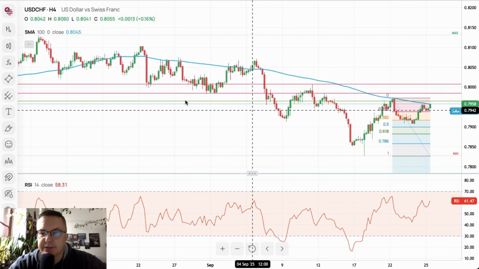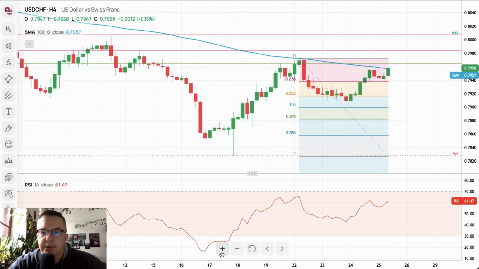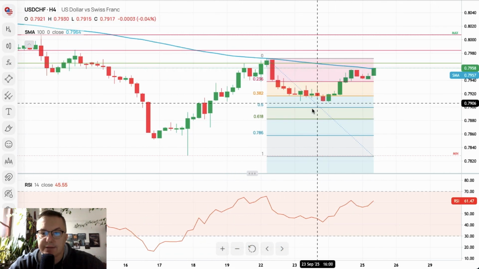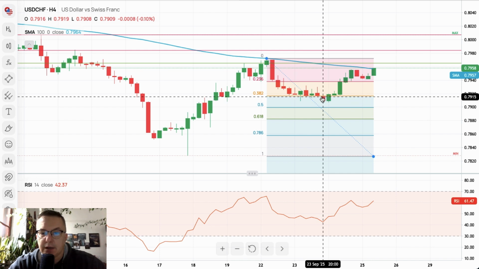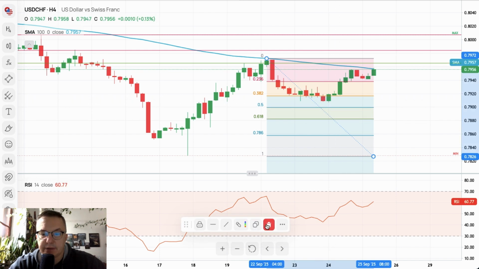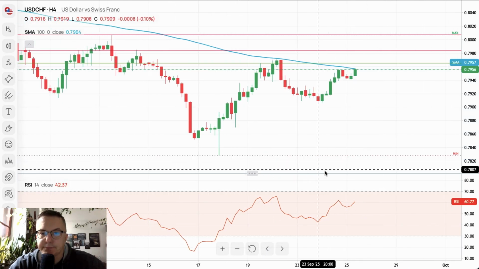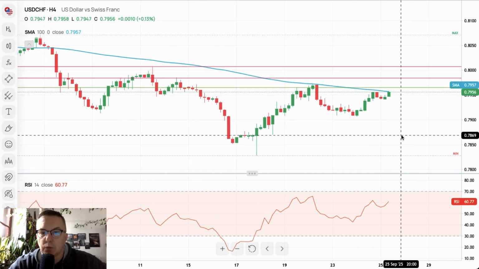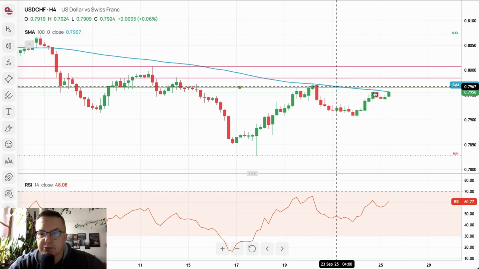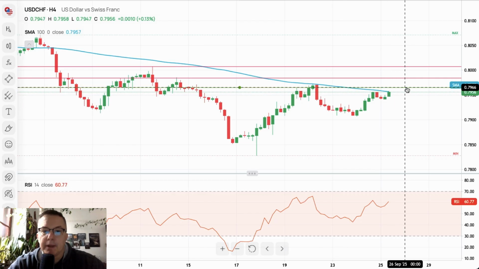US dollar versus the Swiss franc ahead of the interest rate decision on a 4-hour time frame chart. We retraced somewhere between 38 and 50% of the last swing to the upside. Right now, it's more clear that the market wants to test the 100 period moving average yet again with that momentum, 60 points only.